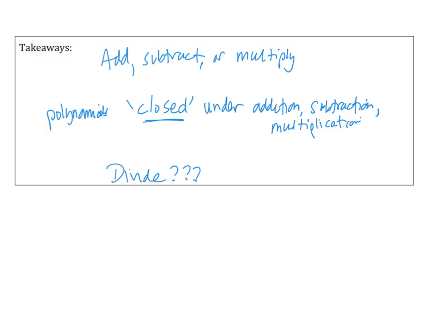We will answer that question at some point in this semester, but it won't be maybe very soon. All right, any other takeaways? You can write them down, going back to all those vocabulary words we used: the degree, what is a polynomial, what is the leading coefficient or leading term, what is a constant.